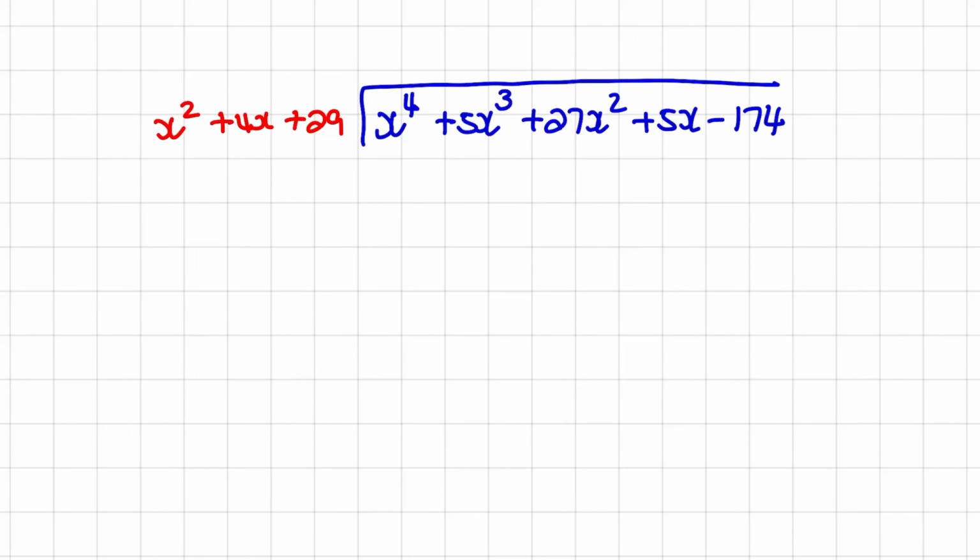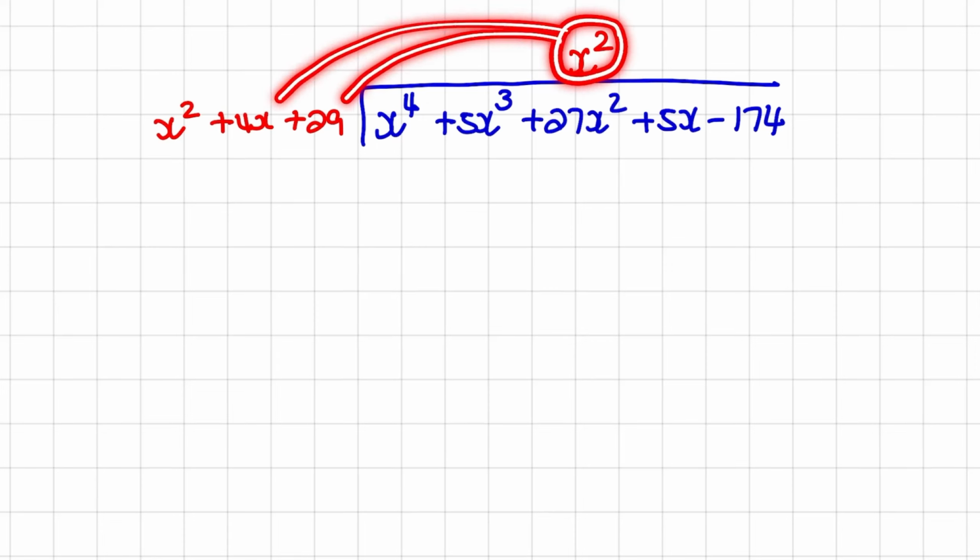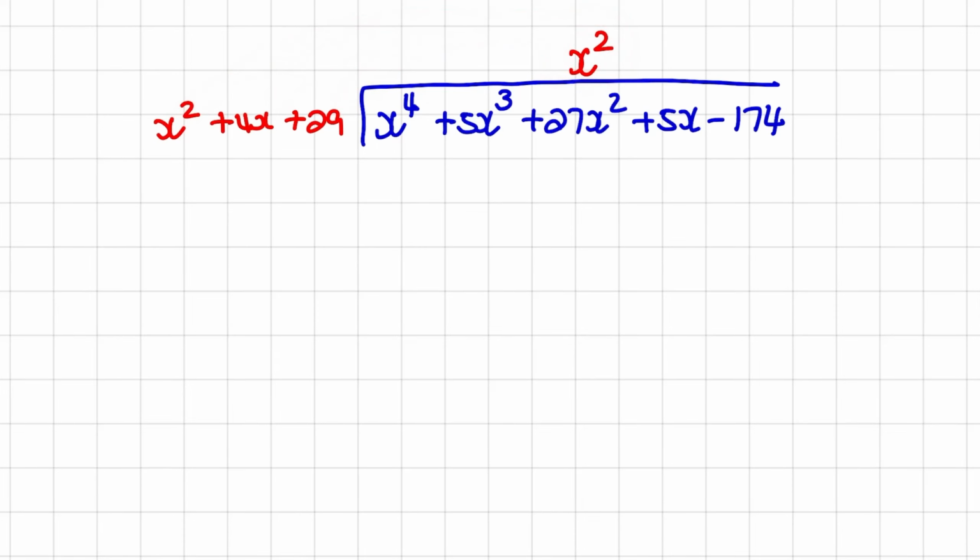So in the previous video I showed you how we do long division, but we take the first term and divide it by the first term in our factor. So x⁴ divided by x² is equal to x². Then we multiply x² with every term in our factor. So x² times x² is x⁴ + 4x³ + 29x².